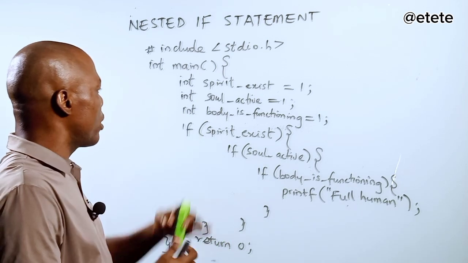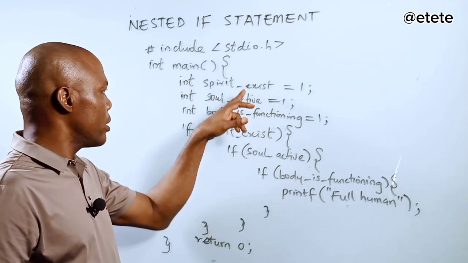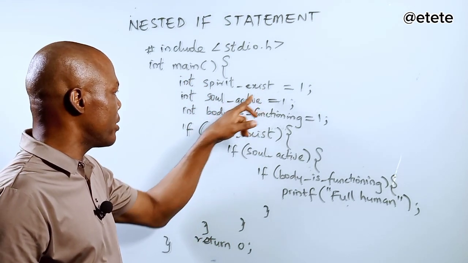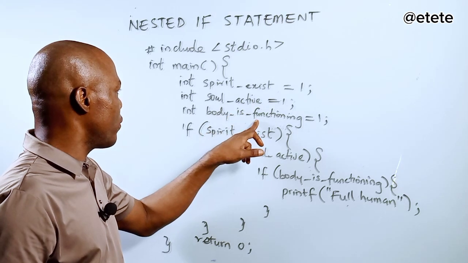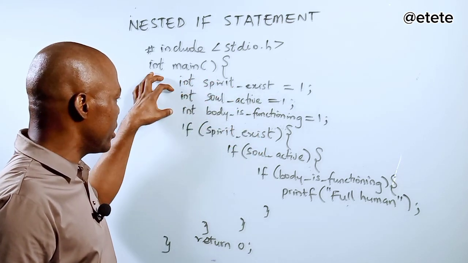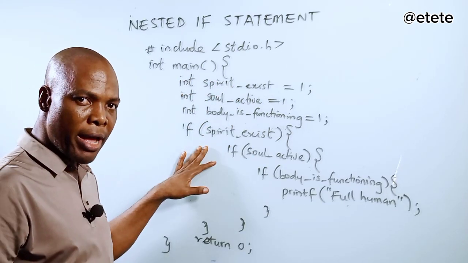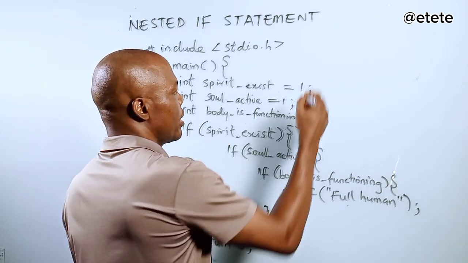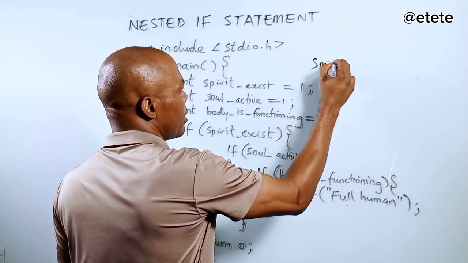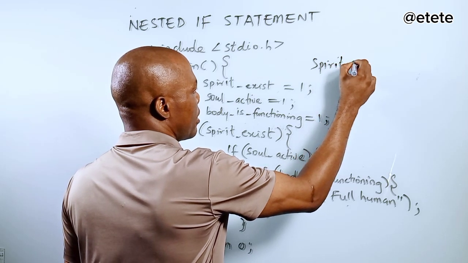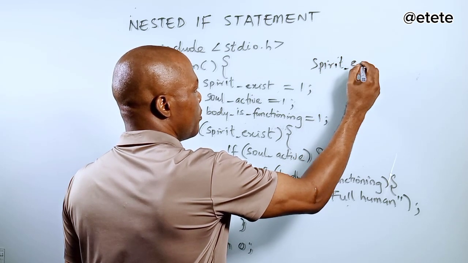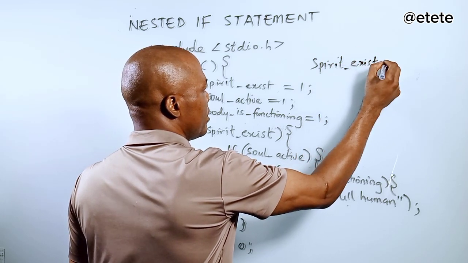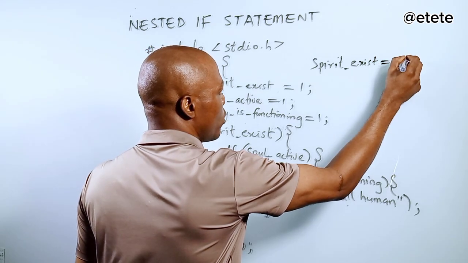So how does this work? I have declared three variables: spirit exists, soul active, body is functioning. I have declared them in the integer realm. So I'm now testing my if. If spirit exists simply means spirit exists is the same thing as saying spirit equals to 1.